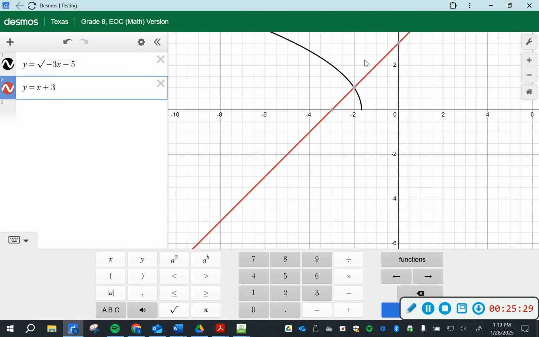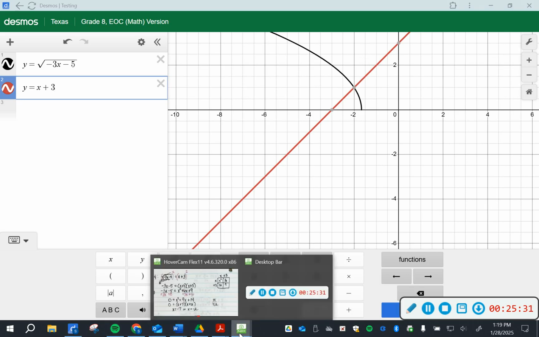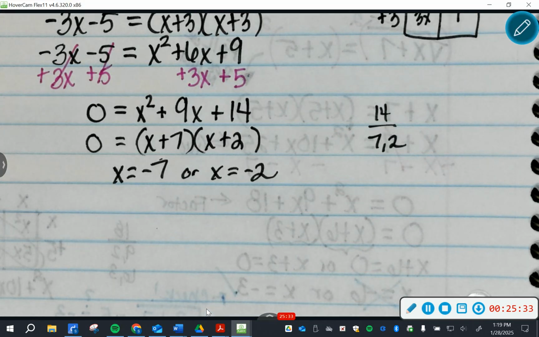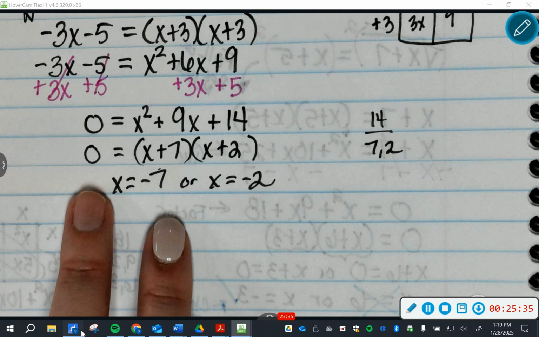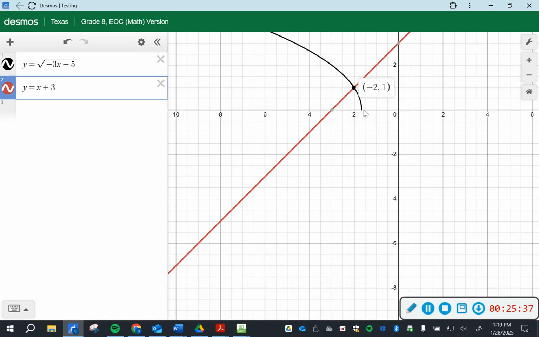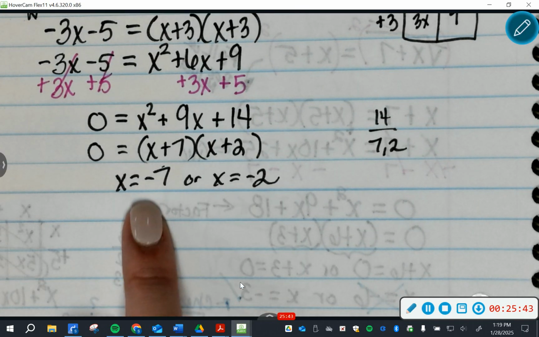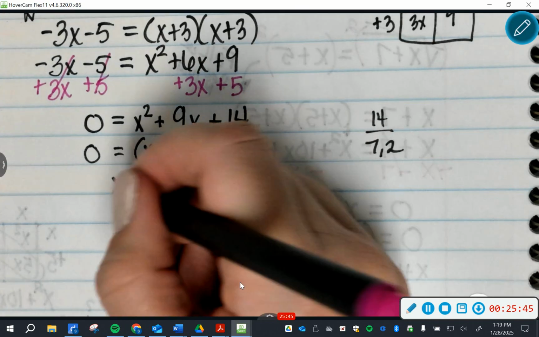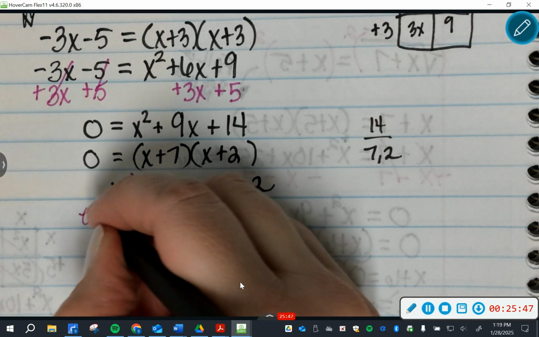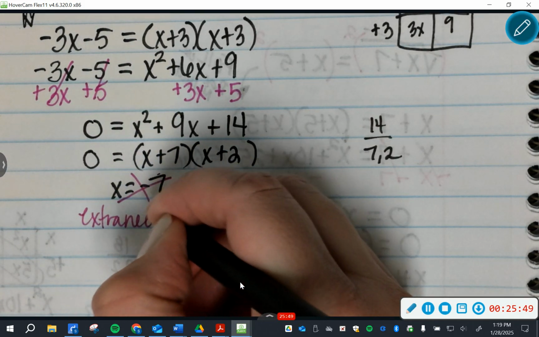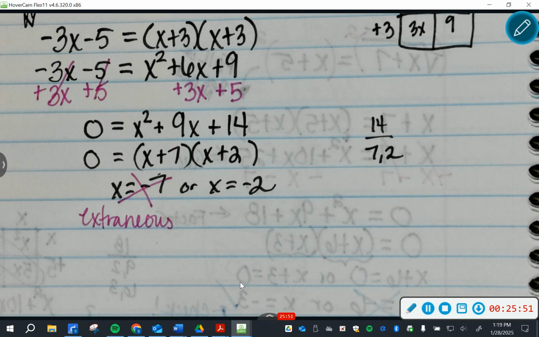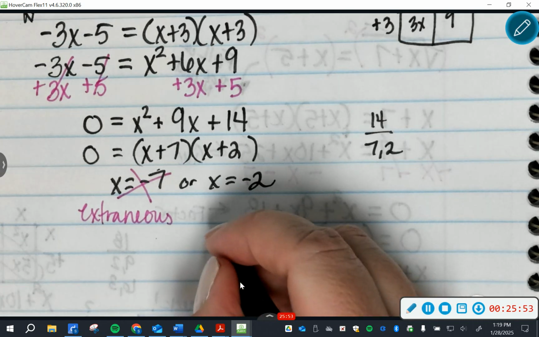I see they only meet once, but I got 2 answers. So let's figure out which one it is. When x is negative 2, that is the only answer, so negative 7 must be extraneous. The only number that gets to go in the solution set is negative 2.